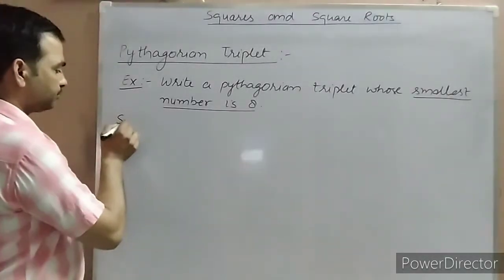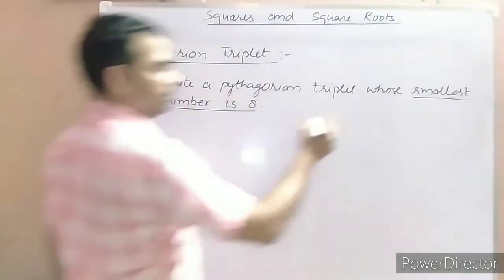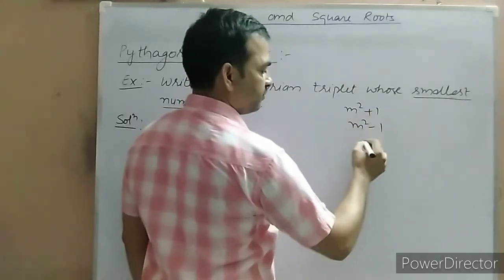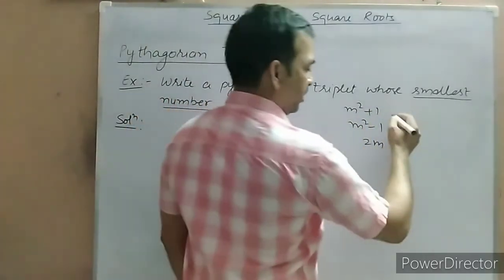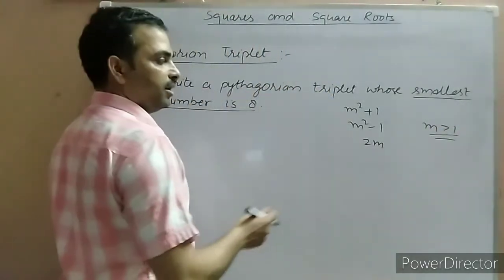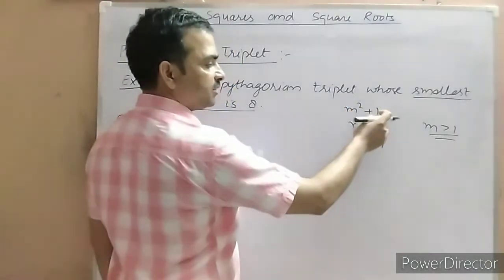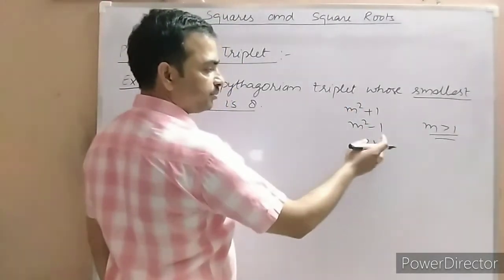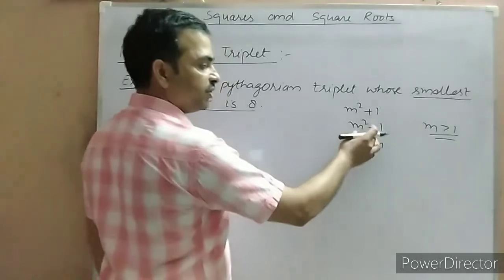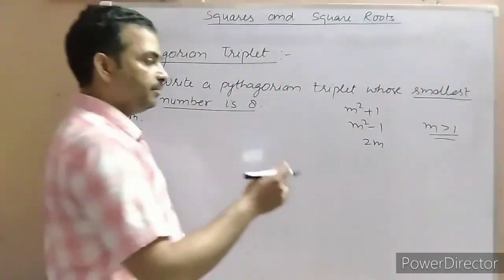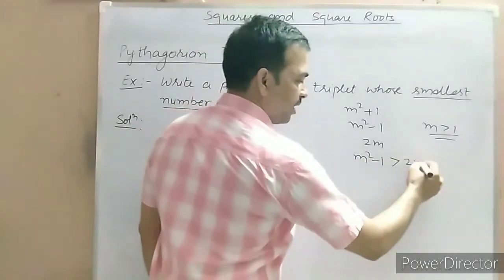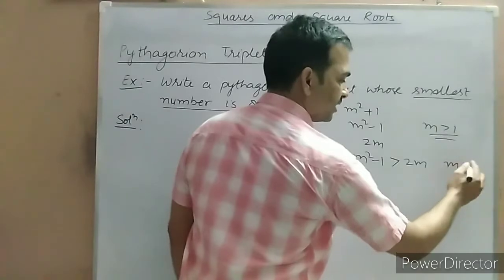So its solution: as we know, the three numbers m square plus 1, m square minus 1 and 2m form a Pythagorean triplet for m greater than 1. And we know always m square plus 1 is greater than m square minus 1 and 2m. And in these two numbers, m square minus 1 and 2m, which one is greater? As we know, m square minus 1 is always greater than 2m for m greater than 2.